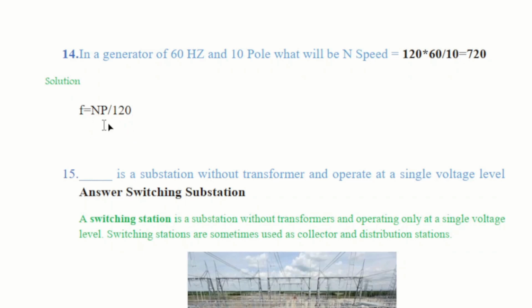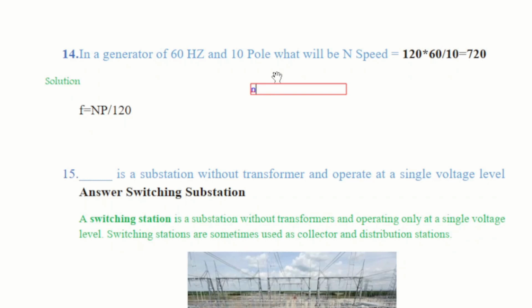So following this formula, frequency is equal to speed into poles divided by 120. So we have another formula to find out the speed.